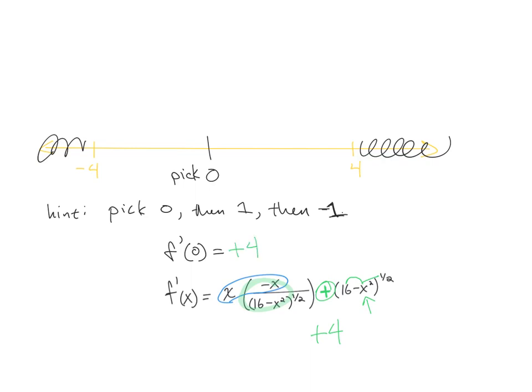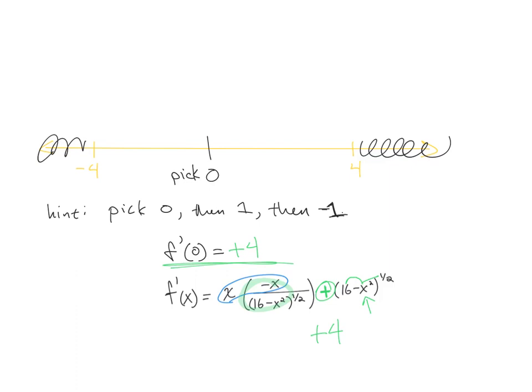Ooh, let me take a second just to remind you what this statement means here very quickly. The slope of the tangent line at x equals 0 for the original function is +4. The slope of the tangent line is +4 when x equals 0.